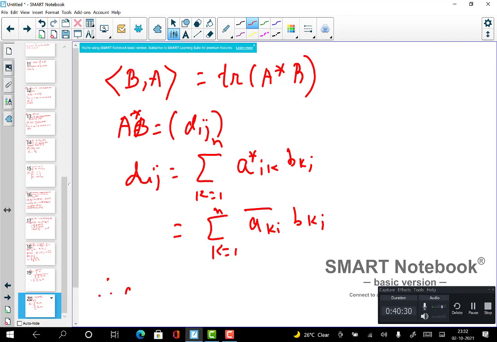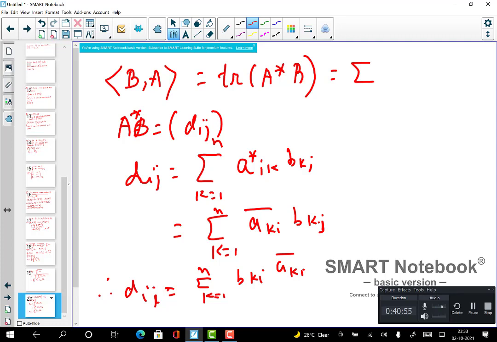So in fact, what is dii? Dii is nothing but summation k equal to 1 to n of bki, so this j will become i now, and then aki bar, right? So this is your dii, and hence this is nothing but summation of dii, right?